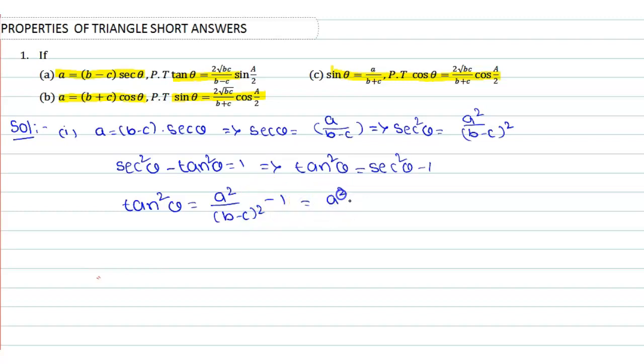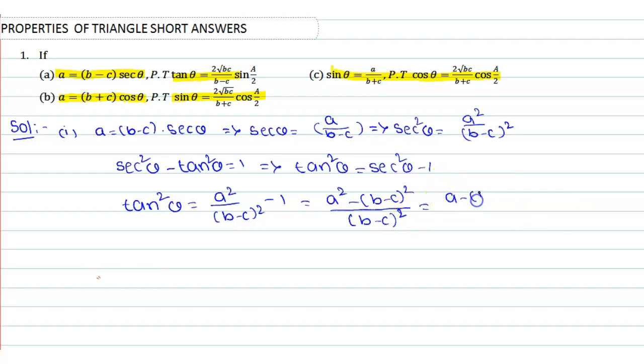This can be written as a square minus b minus c whole square, by b minus c whole square. Now this is in the form of a square minus b square, which can be written as a minus b into a plus b.